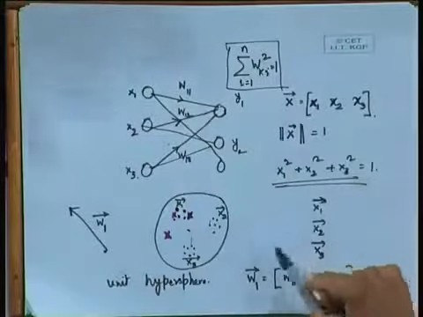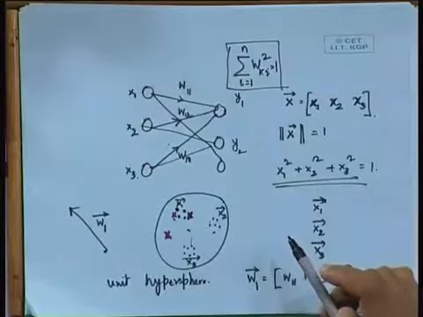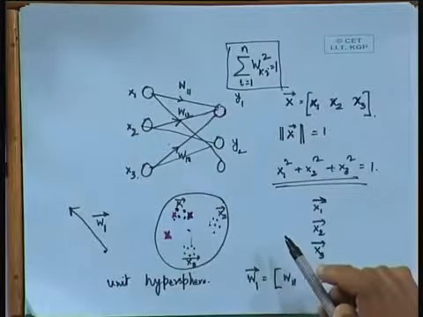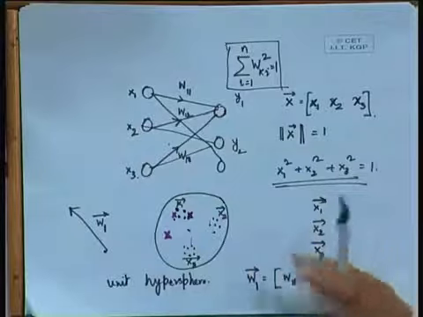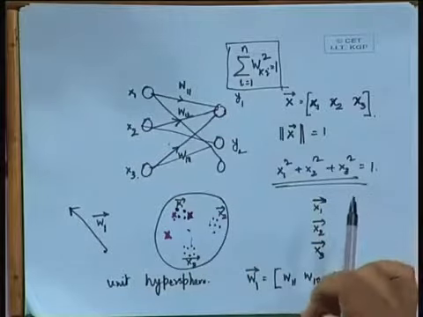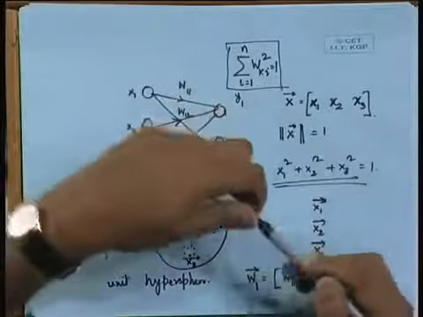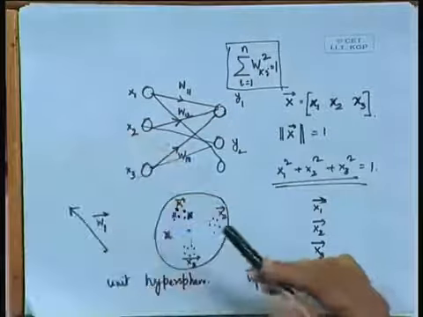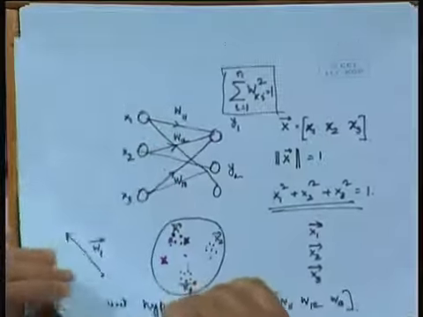It is a hypersphere because it is more than 3 dimensions. We cannot really visualize the existence of this sphere, but it is definitely a hypersphere. All right. So, now let us go over to the next topic that we were going to cover on the learning aspect, and that is called the Boltzmann learning.